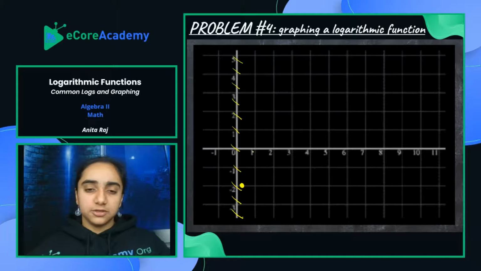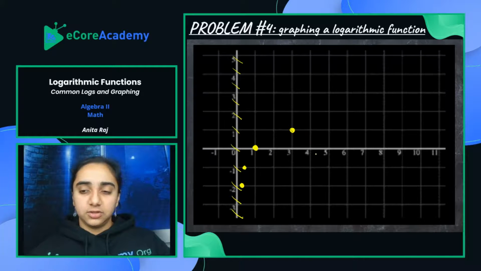Our second point is (1/3, -1), which is about here. Our next point, which is the x-intercept, is (1, 0), so right 1, up or down 0. Our next point is (3, 1), so come right 3, up 1, and then our final point is (9, 2), so come right 9 and up 2.